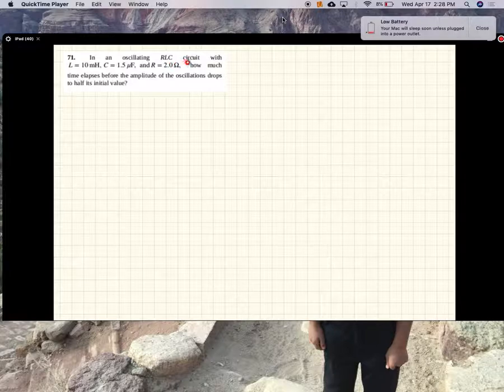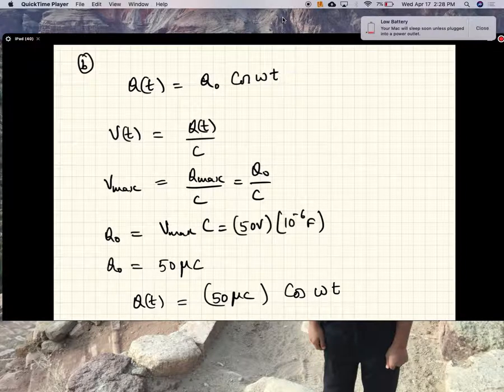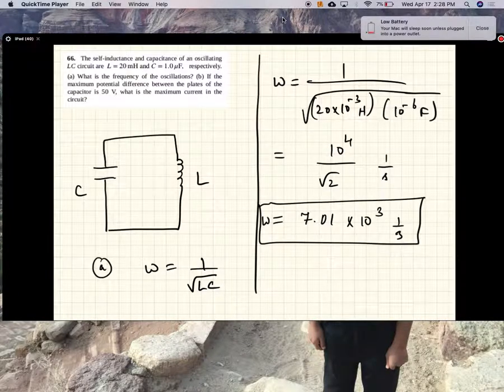In an oscillating RLC circuit, as in the previous problem, if you set up a current in this circuit, it will oscillate forever. Why does it oscillate forever? There is no friction, there are no dissipative elements.